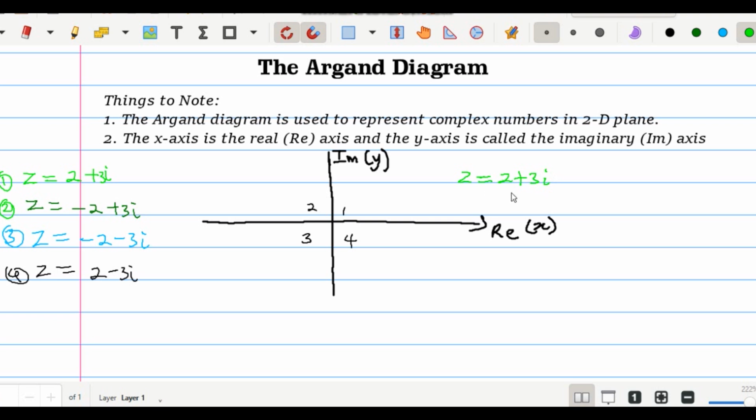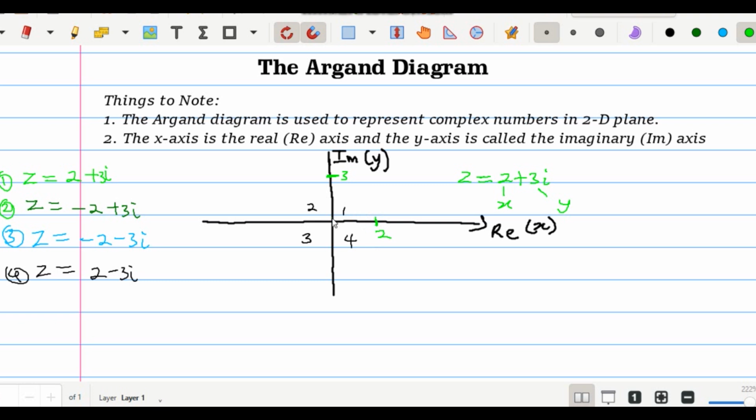Remember, here everything is positive, both the x and y. This represents your x axis, and this represents your y axis. On the y axis, let's mark 3 here, and on the x axis, let's mark 2 here.